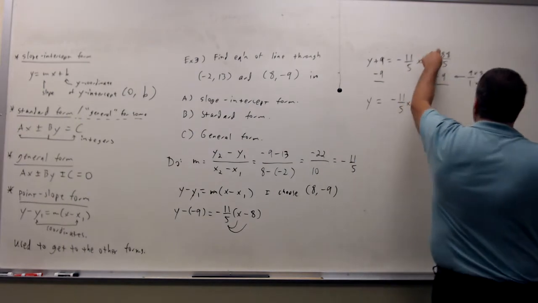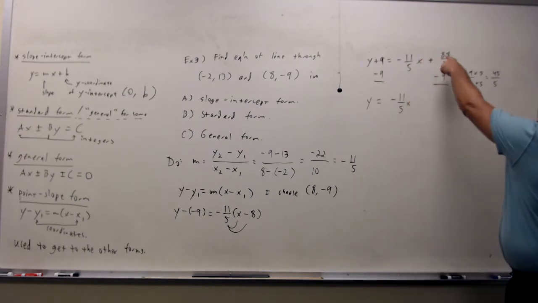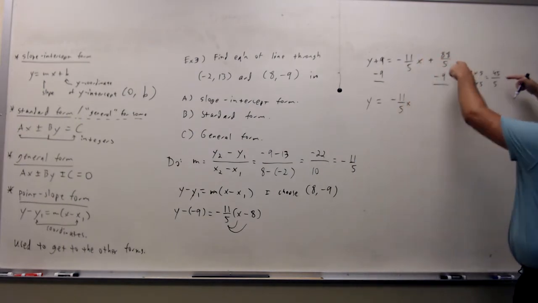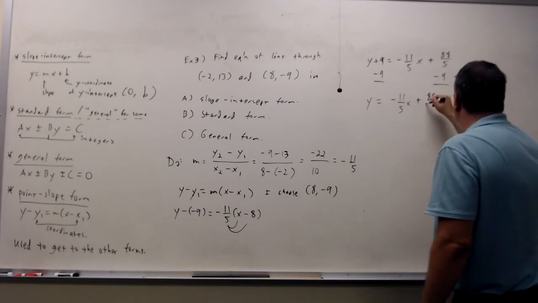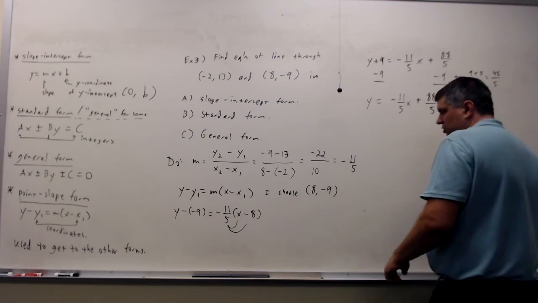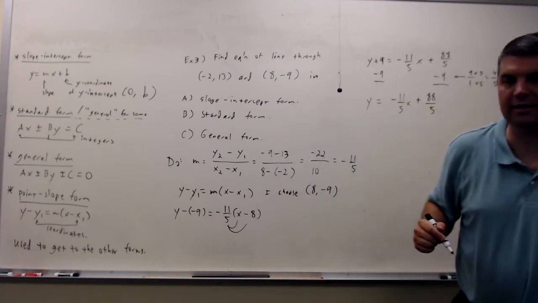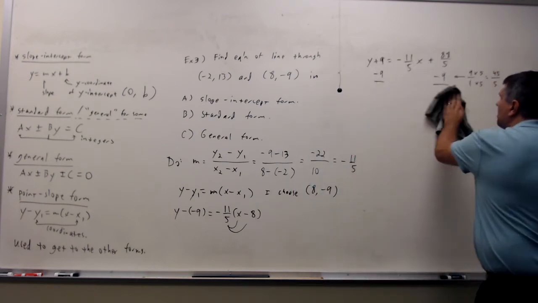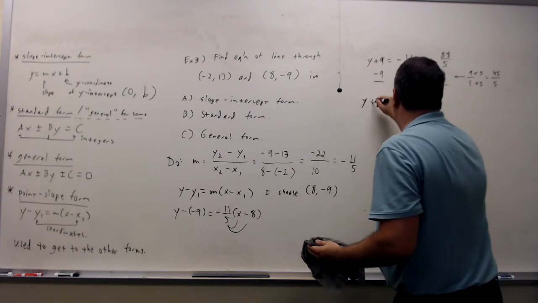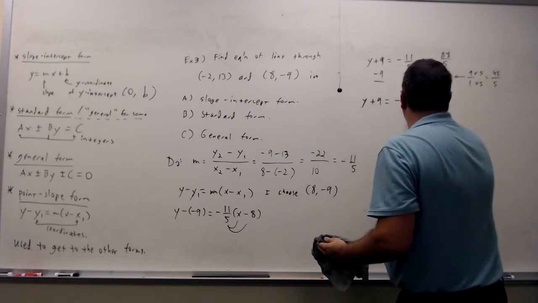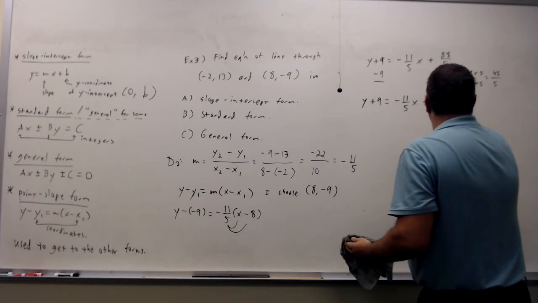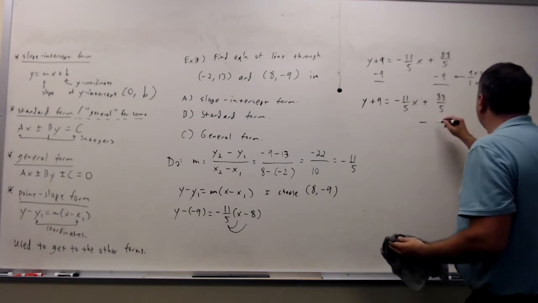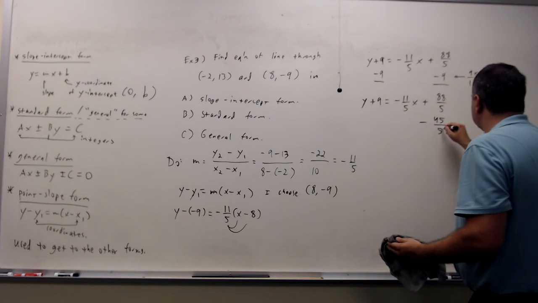So basically, here's what I have. I'm going to go ahead and rewrite this intermediate step. So this will be y plus 9 equals negative 11 fifths x plus 88 fifths minus 45 fifths.